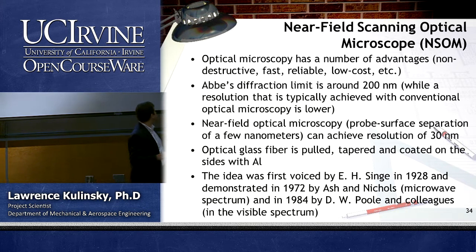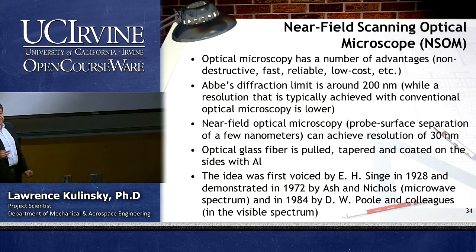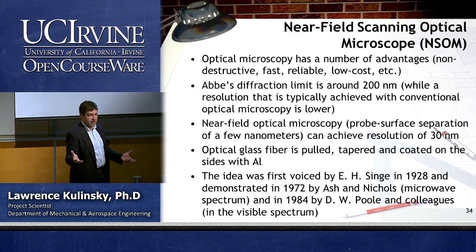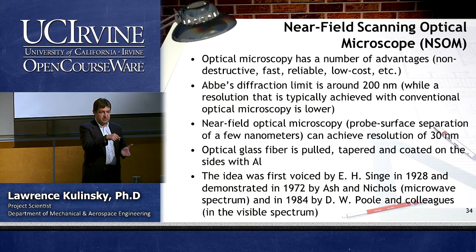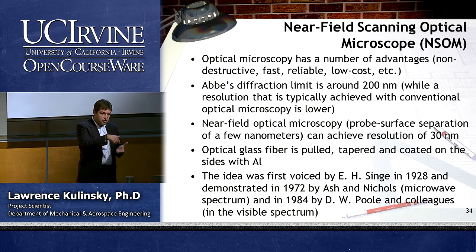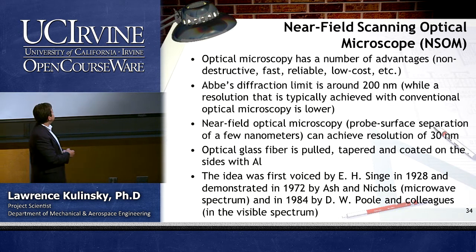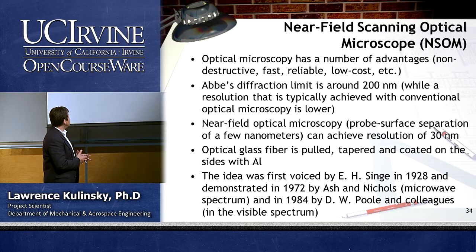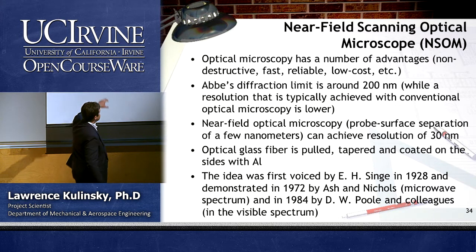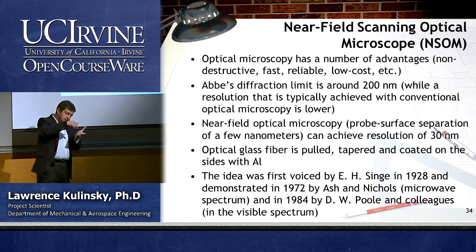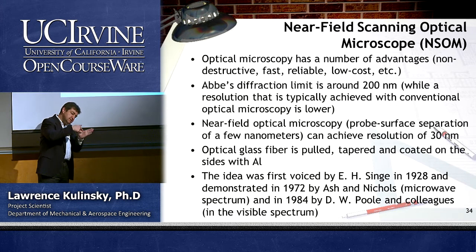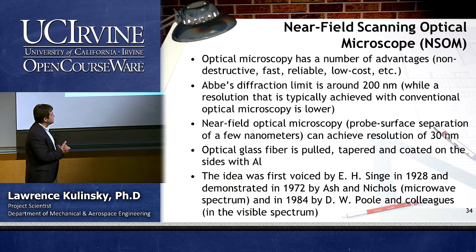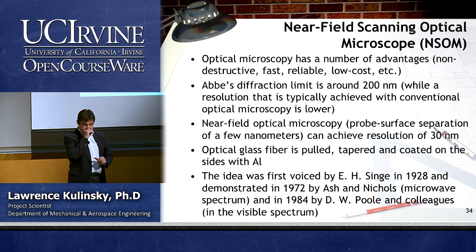Okay? So in near-field scanning optical microscope, you can actually use optical techniques, because optical techniques are attractive, right? They're not destructive. You basically just use light to study the surface. You're not poking anything around, and they're inexpensive. The idea of using light in this so-called near-field regime was first suggested by Synge.